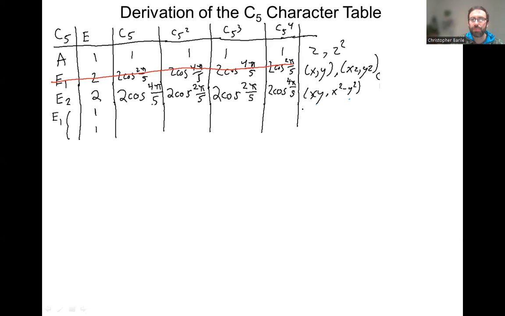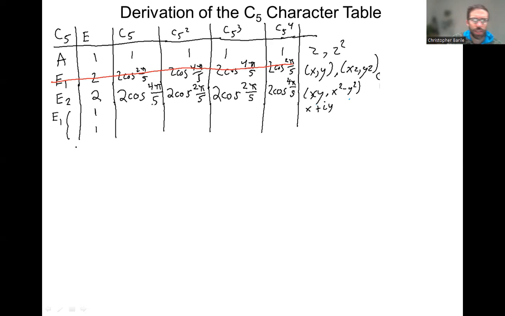The simplest function that you can think of that does something interesting is going to be x plus iy. You can do various permutations on this and you'll get something that will work as well. But we're going to do x plus iy.